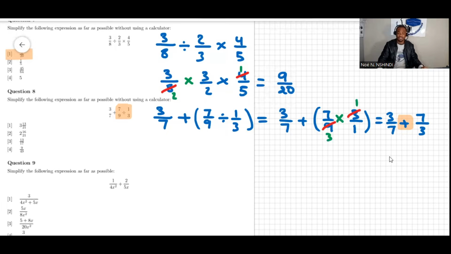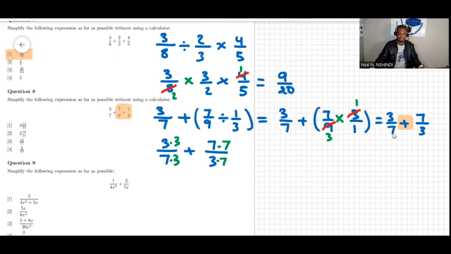Now, 3 over 7 plus 7 over 3, it's 21. If I already have 7 here, I need to get 21. I must times by 3, times by 3 there. Here, times by 7, times by 7 there. I don't do factors because these numbers are already prime numbers.